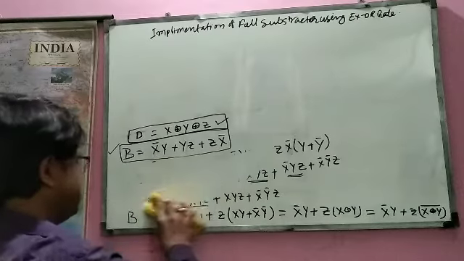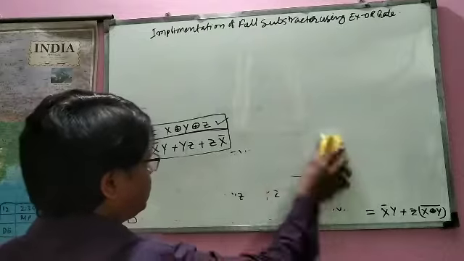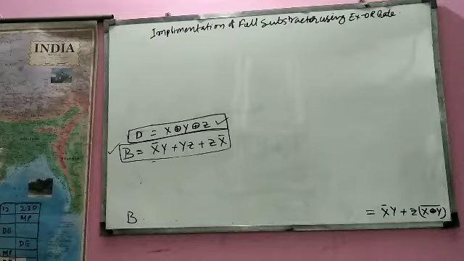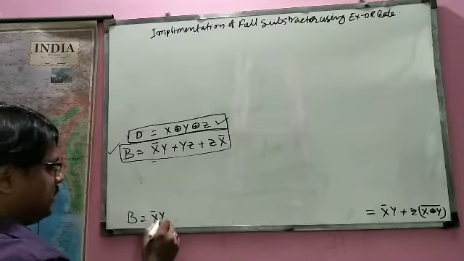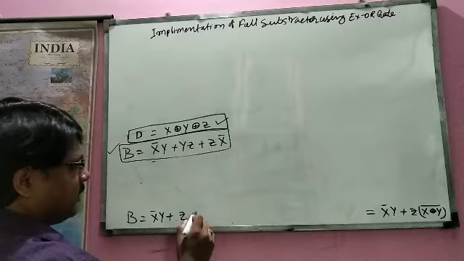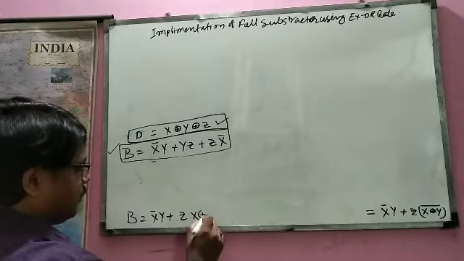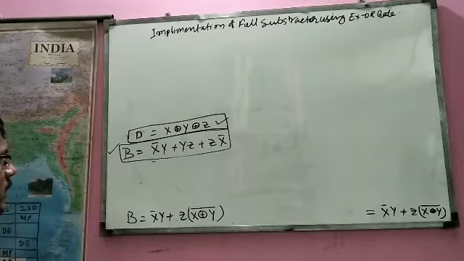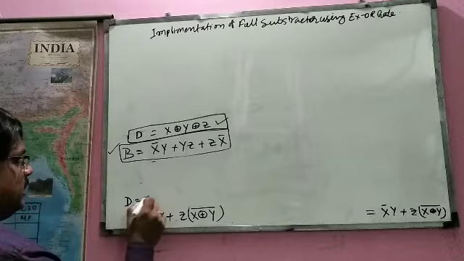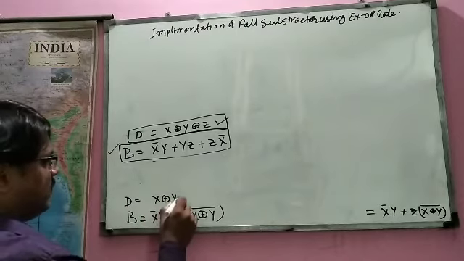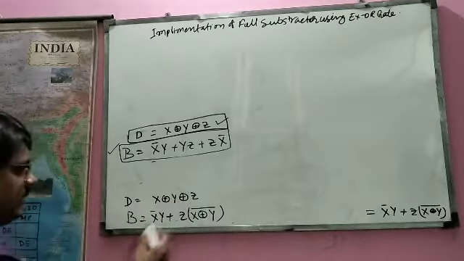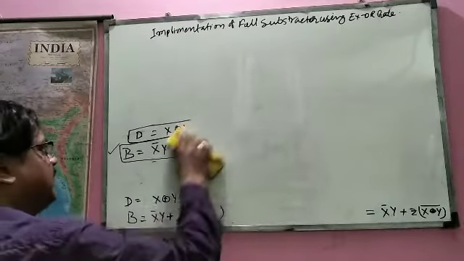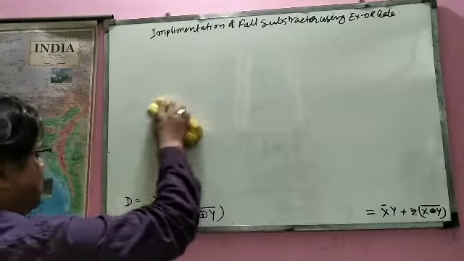B will be written as x bar y plus z, x XOR y conjugate. And what is D? D is x XOR y XOR z. So this is the final result of D and B, difference and borrow both.